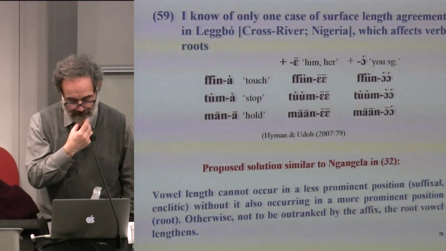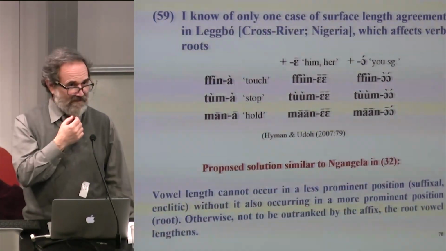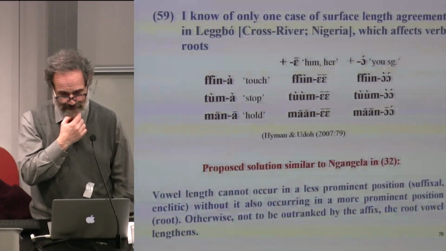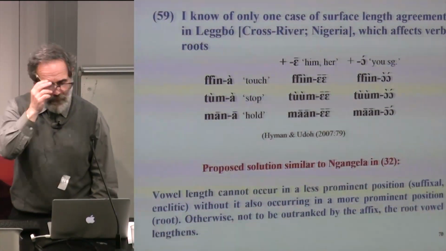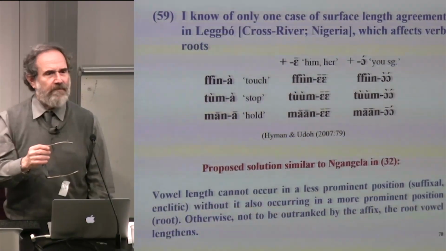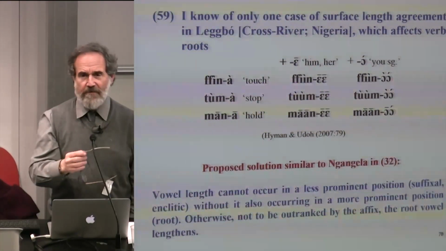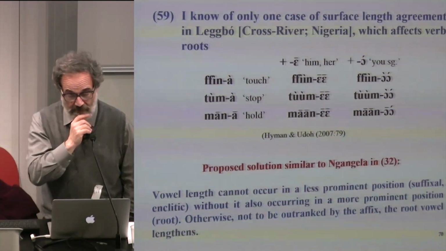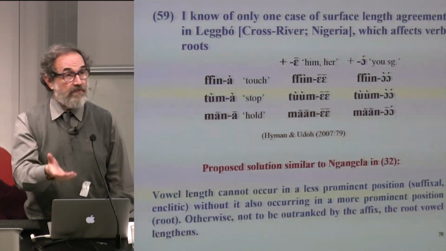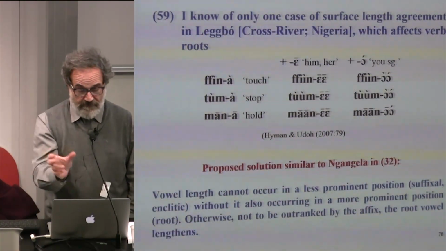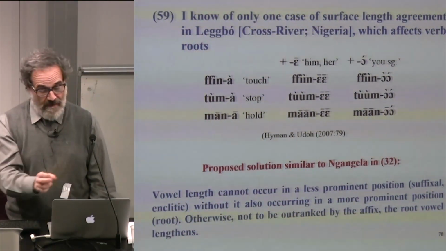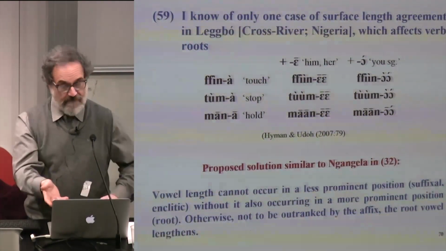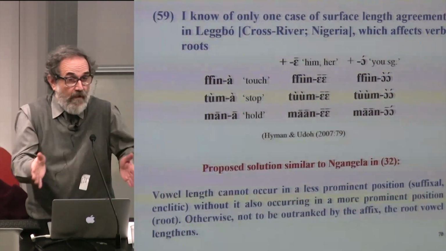So what I think is going on here, and I have some other cases that support this, is that the root is the prominent position, remember, and suffixes are non-prominent by comparison to roots. So when the suffix gets a long vowel by this process of vowel fusion, that would make the suffix more prominent than the root because it would have a long vowel.